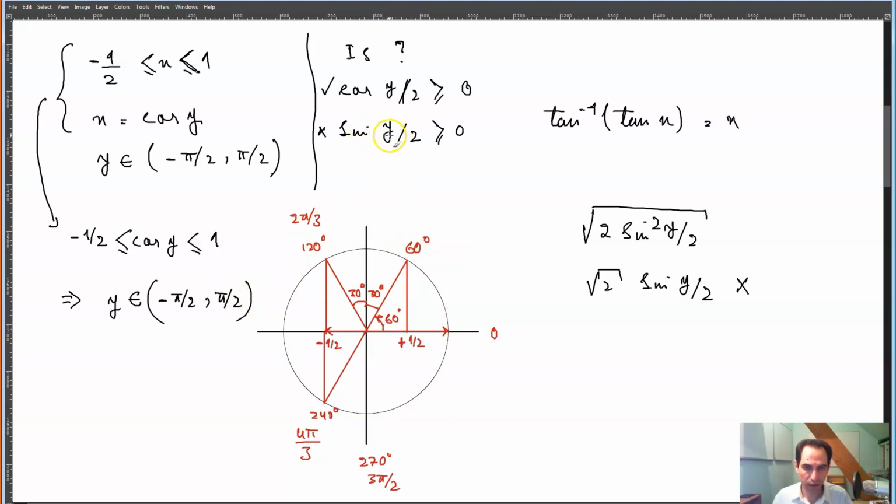for example, that basically the constraint on your problem, and then as you can see, technically I would not be allowed to write the square root of 2 sine squared y by 2. I would not be allowed to write it as the square root of 2 sine of y divided by 2, but they have done that.